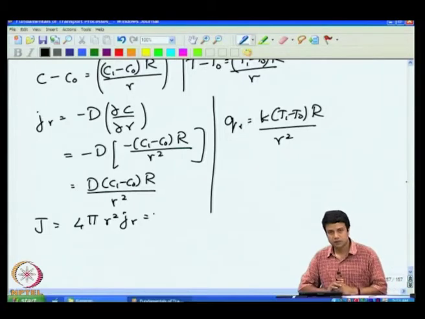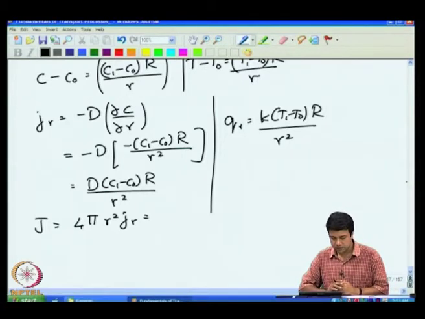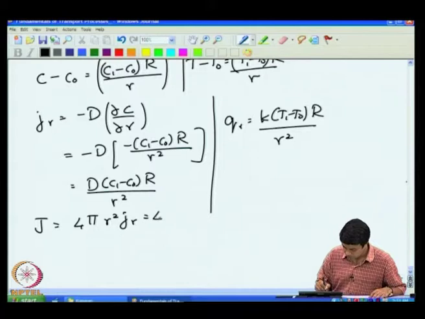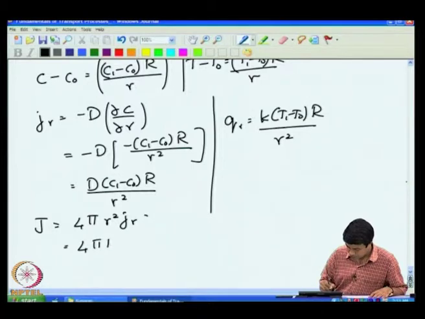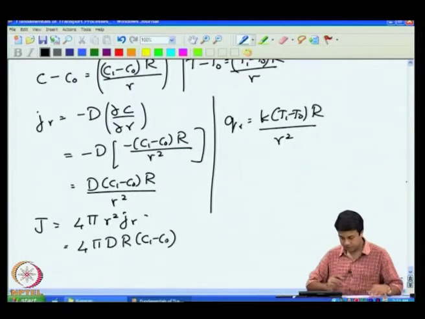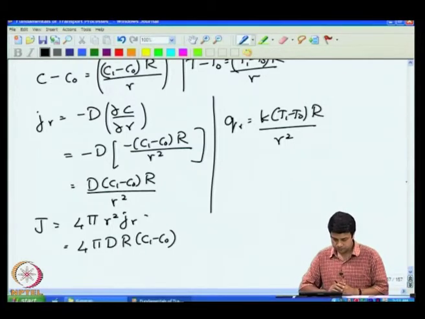Since J r goes as 1 over r square, this is just equal to 4 pi D R into C 1 minus C 0. Good. So, this is the total mass coming out.